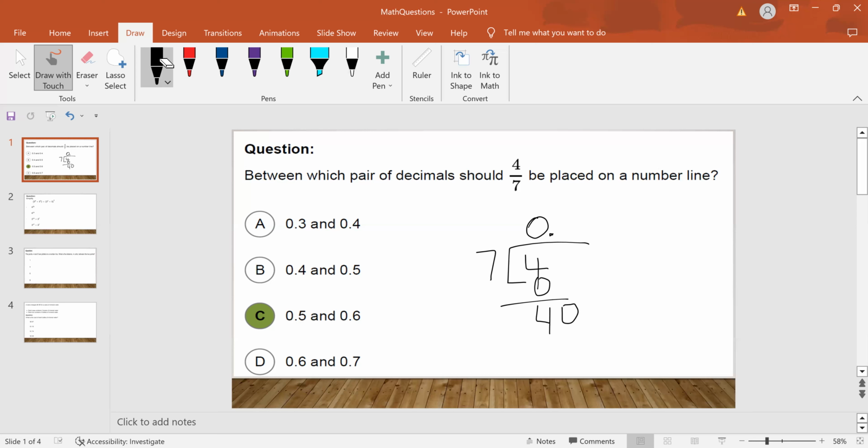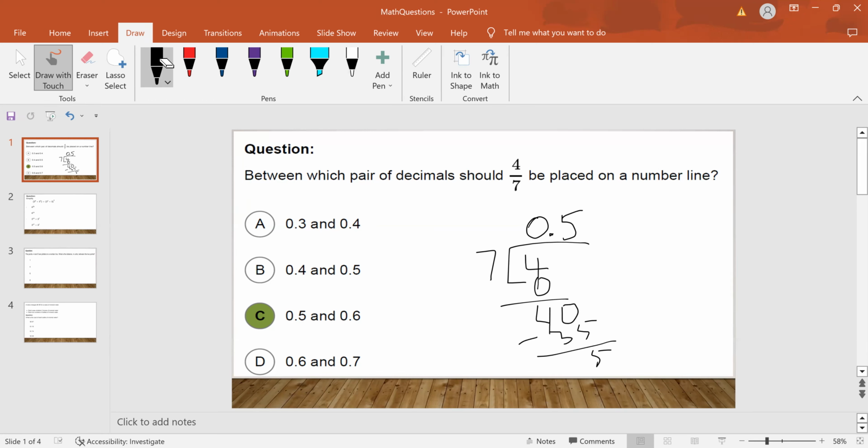We repeat the same calculation. So 7 goes into 40 5 times. 5 times 7 is 35. And 40 minus 35 is 5.